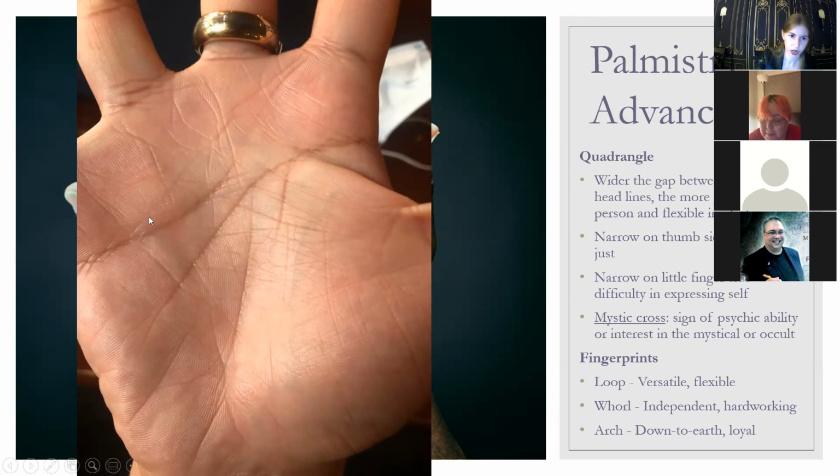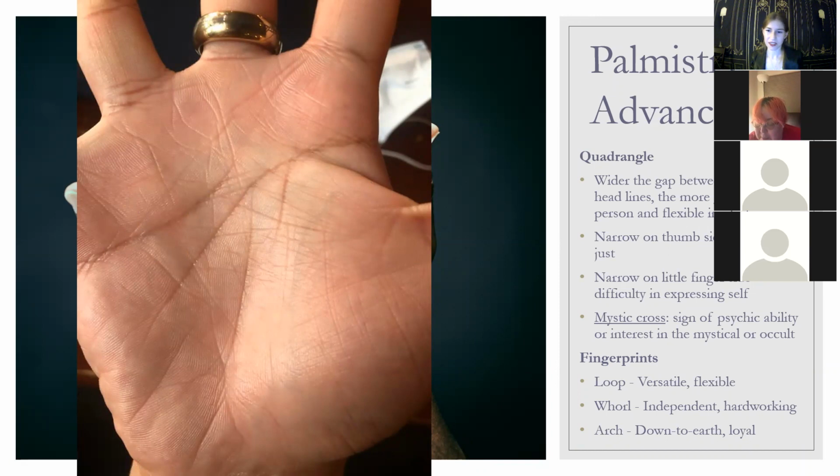And this is the quadrangle area. Also want to bring to attention the mystic cross area, which is also in the quadrangle. I'm not sure. I see some faint mixed mystic crosses here. And that is a sign of psychic ability or interest in the mystical or the occult.